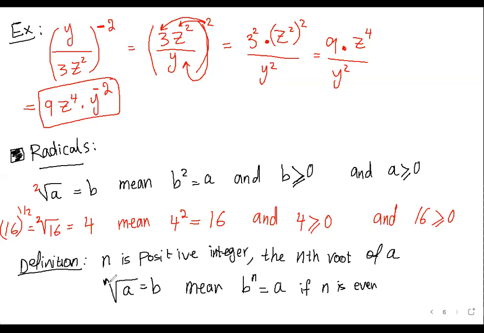So if n is even, then b must be positive or 0, and at the same time a must be positive or 0. This is the general definition. I'm going to give you more examples.